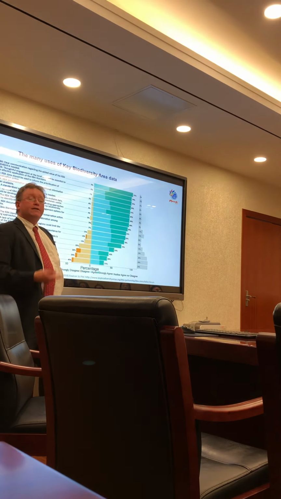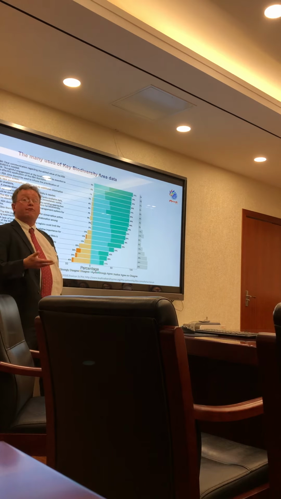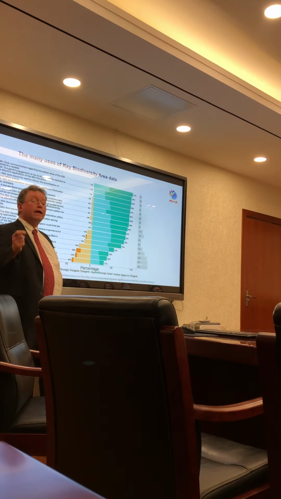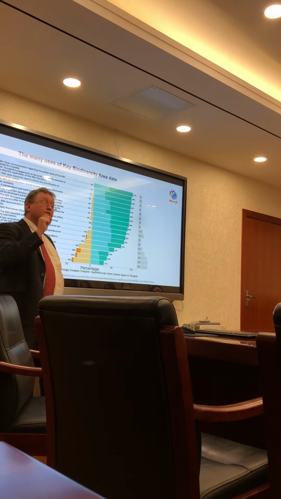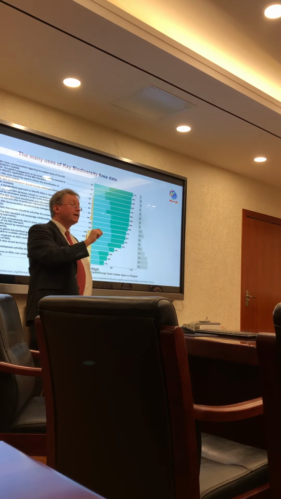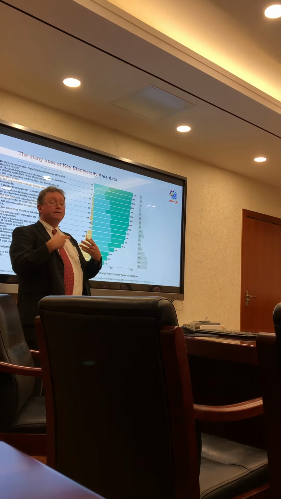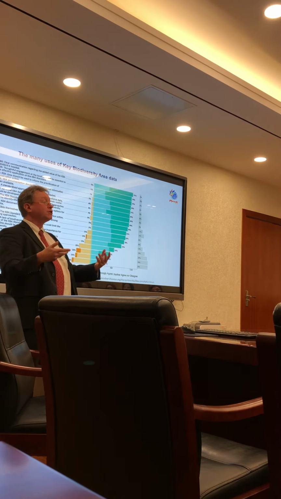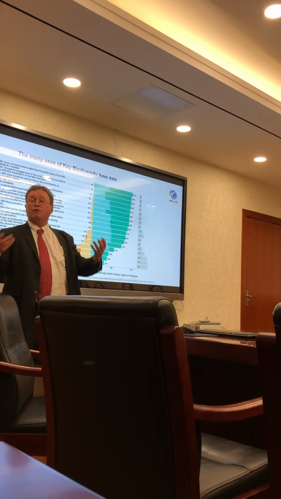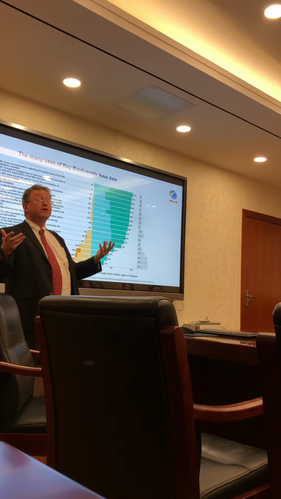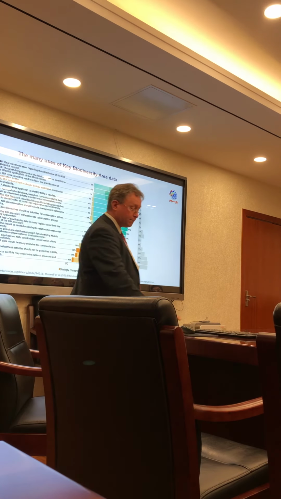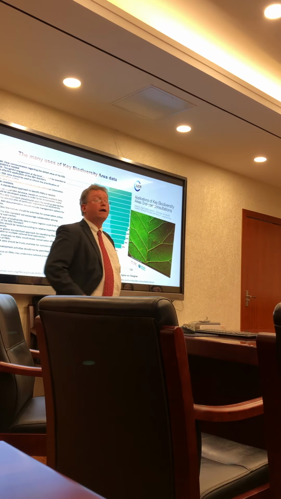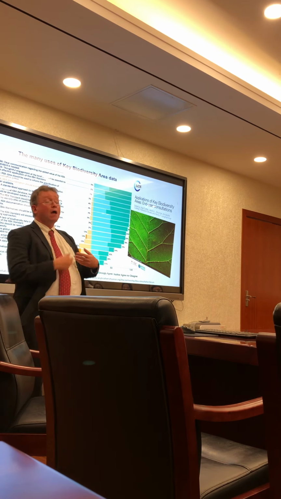The World Database on Key Biodiversity Areas, the application of the standard, is not intended to serve any one particular use. Rather, it is intended to provide information that are useful in a range of different spatial planning contexts. And I'll highlight three of these here.